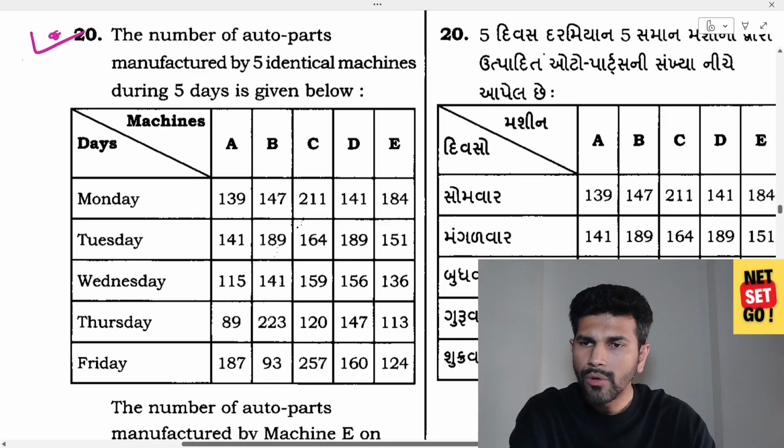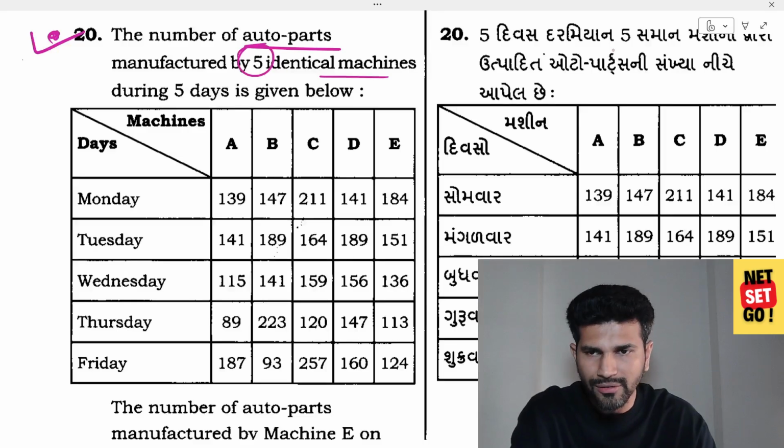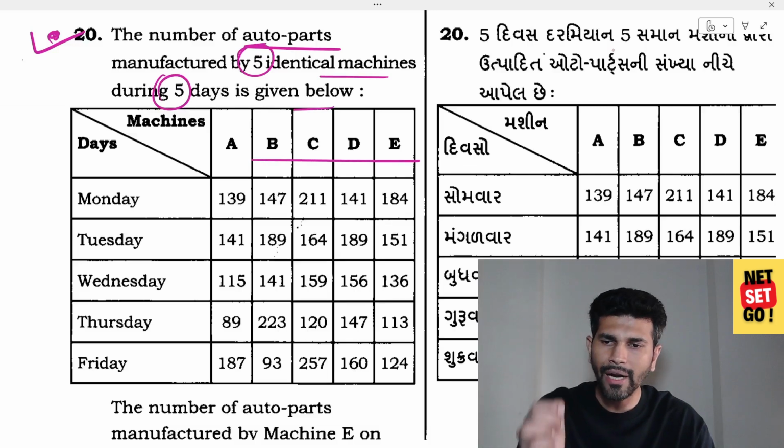Next, question number 20. The number of auto parts manufactured by 5 identical machines during 5 days is given below. Machine A, B, C, D, E and days Monday to Friday.